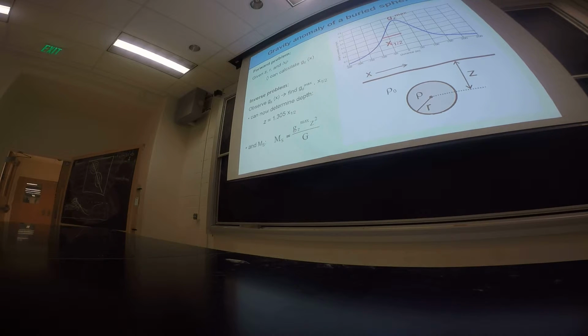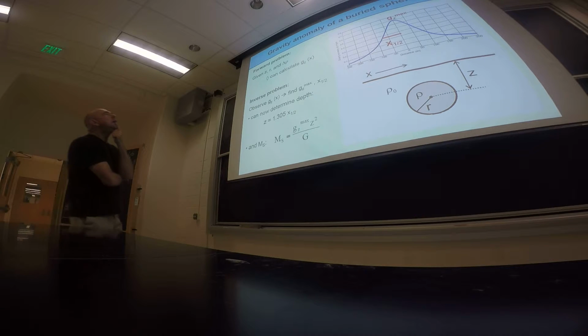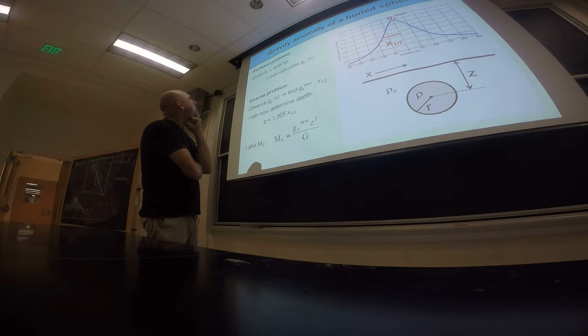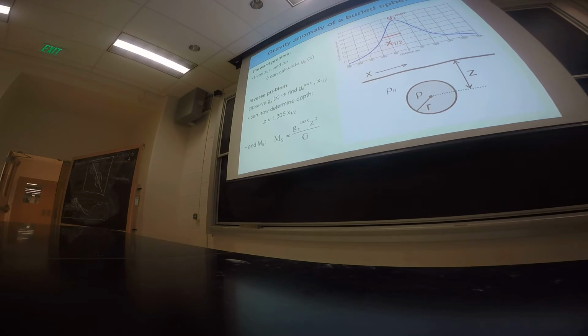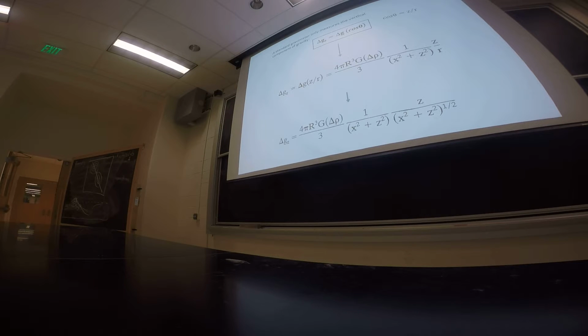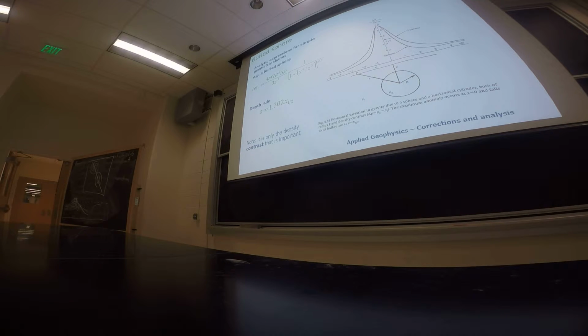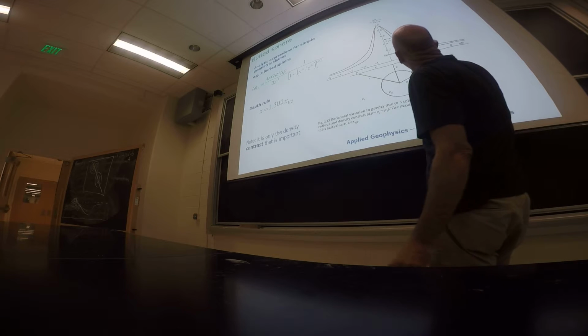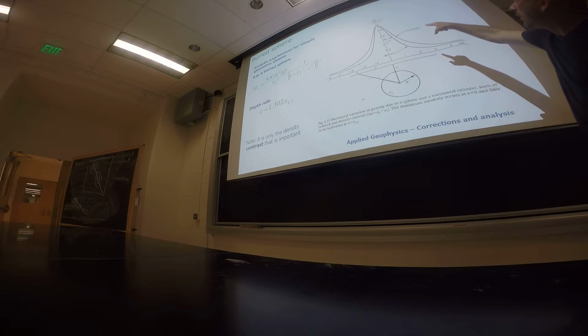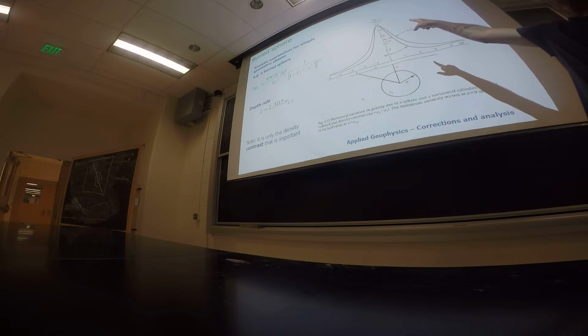Why does that happen? Oh. The half distance should be where the value of gravity goes down to half of what it is at the maximum.